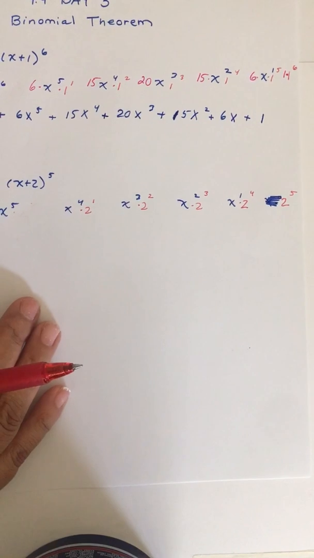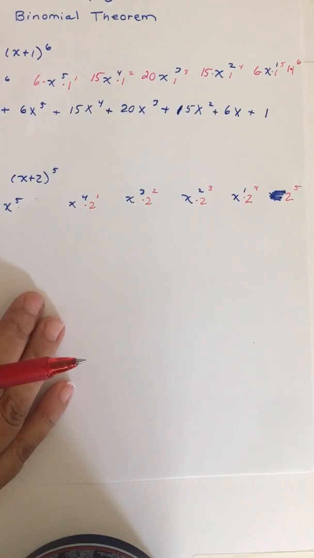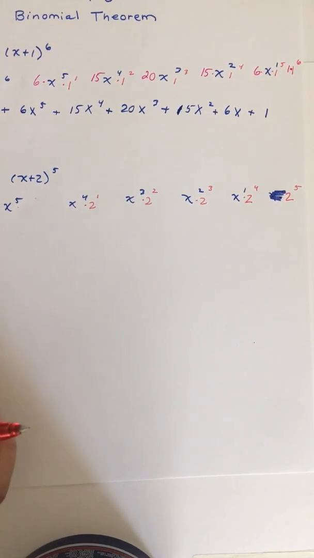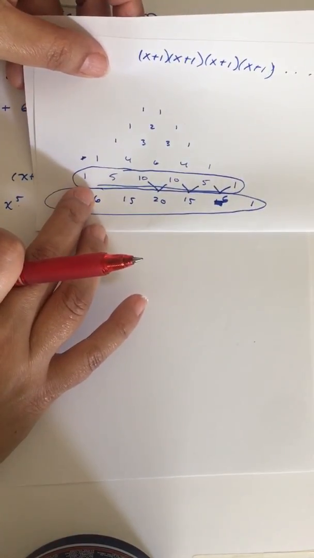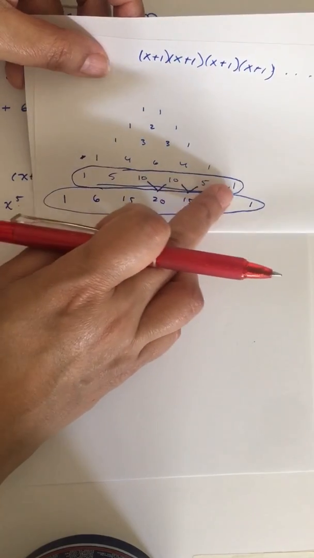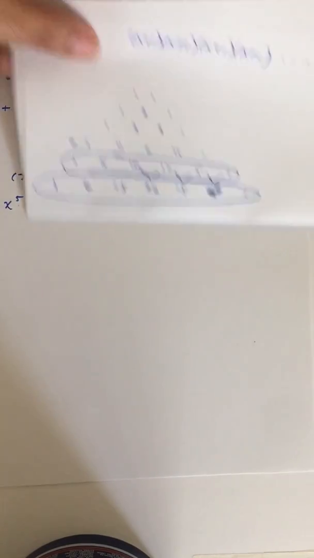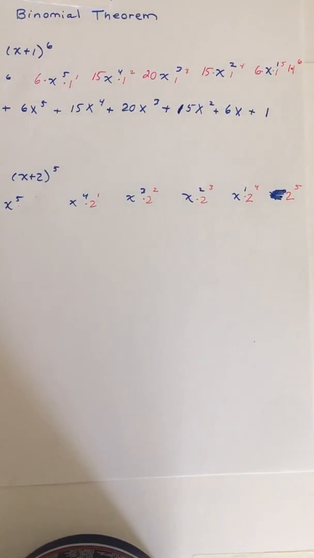Okay, now plug in the numbers from the triangle. Let's take the numbers from the triangle in the 5th row, because it's to the 5th power, I'm going to take row 5: 1, 5, 10, 10, 5, and 1. So that's row 5. And again, you have a triangle from day 1.